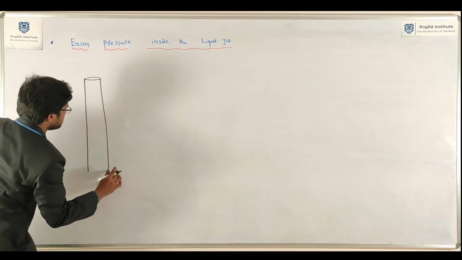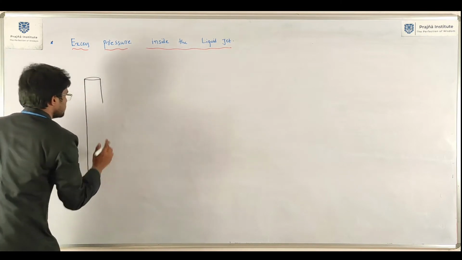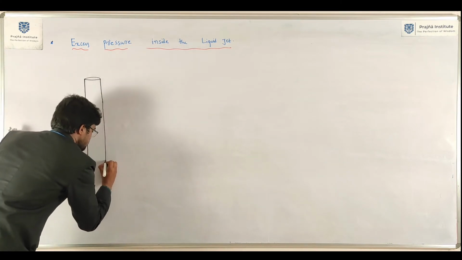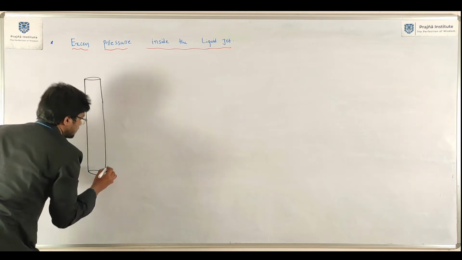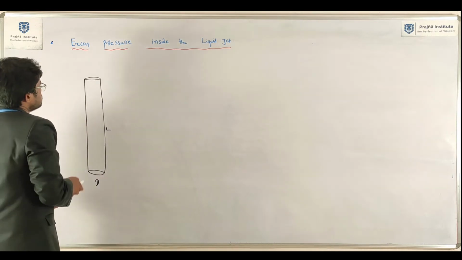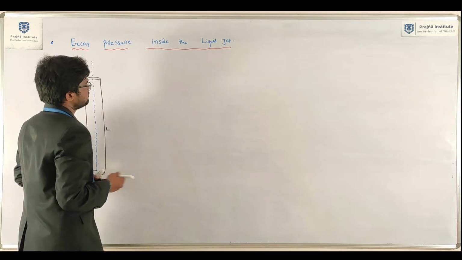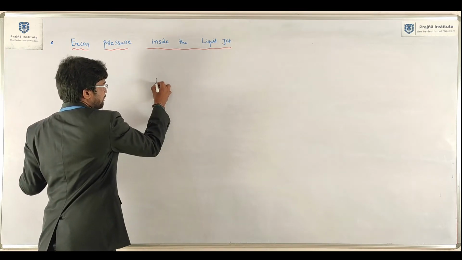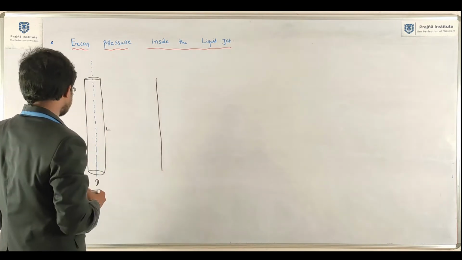It is a cylindrical one. Diameter D, length of the liquid jet is L. Now draw the free body diagram for the left part. Follow the same procedure as for the liquid droplet.